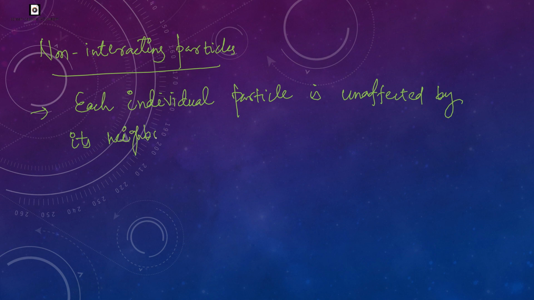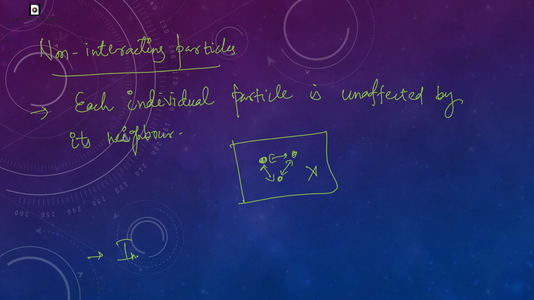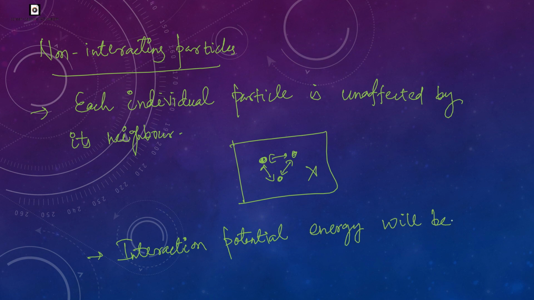For example, there are three particles, and nobody gets affected by the other one. They simply don't interact with each other. It means the interaction potential energy will be zero, because they are not interacting with each other.